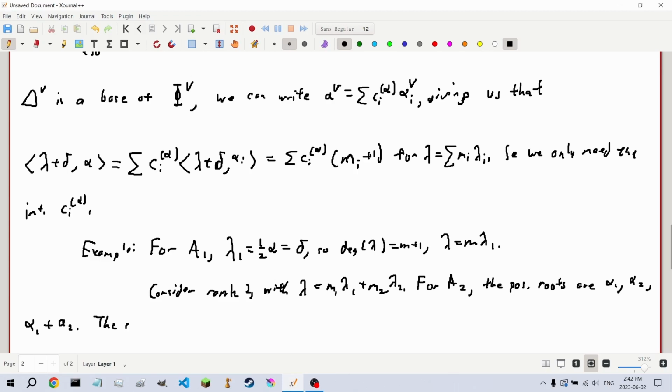The denominator then reads 1 times 1 times 2, with the numerator reading m1 plus 1 times m2 plus 1 times m1 plus m2 plus 2.